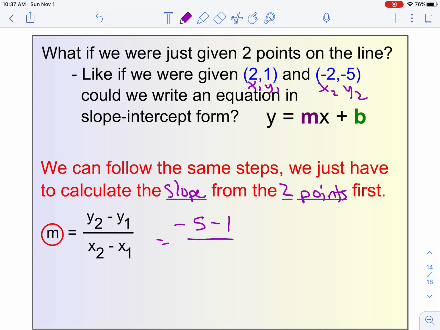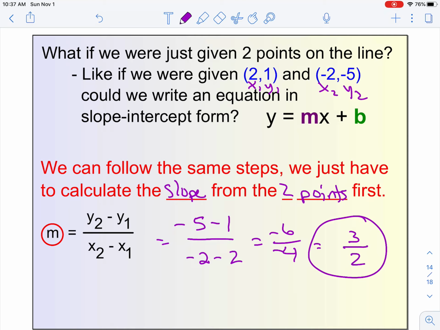I have -5, and I'm subtracting 1. I'm subtracting that other y value over -2 minus 2. So this gives me -6 over -4, which is the same as 3 over 2. So that is what my slope is equal to.